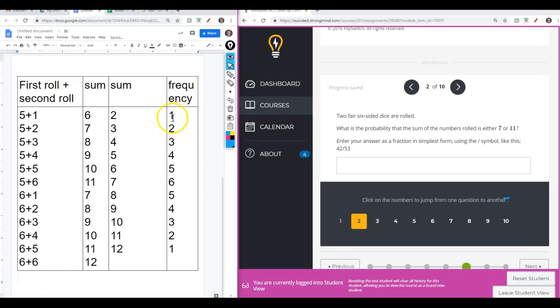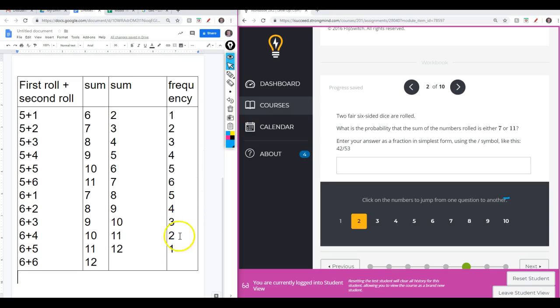Or you could add up these frequencies. So there's 1 plus 2 is 3, plus 3 is 6, plus 4 is 10, plus 5 is 15, plus 6 is 21, plus 5 is 26, plus 4 is 30, plus 3 is 33, plus 2 is 35, plus 1 is 36.